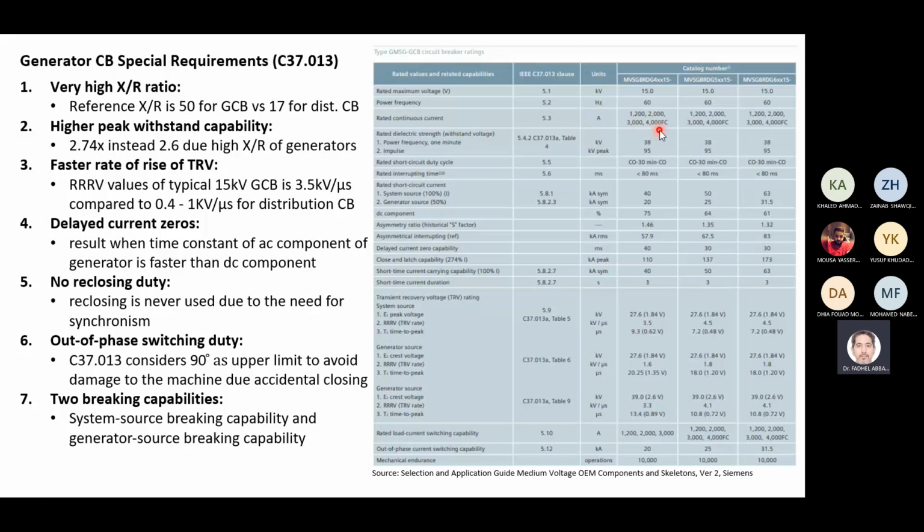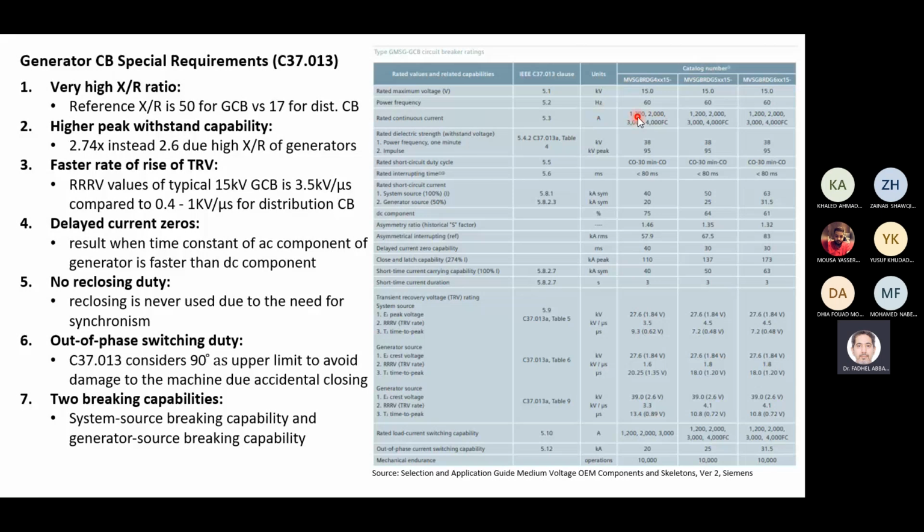What does rated continuous current mean? It is the maximum current, RMS value of course, that the circuit breaker can continuously withstand forever, when it is in a closed position.